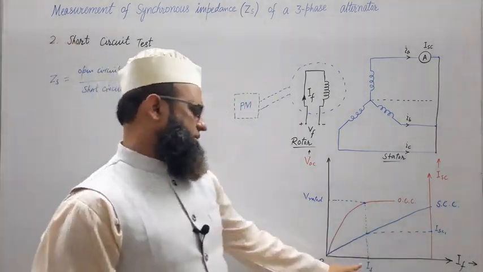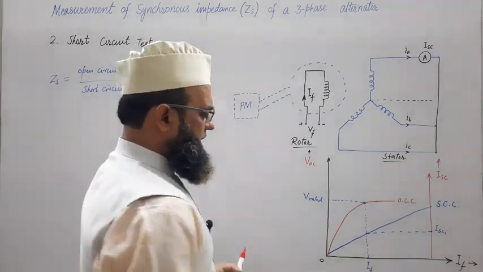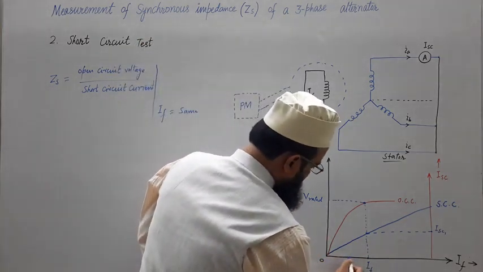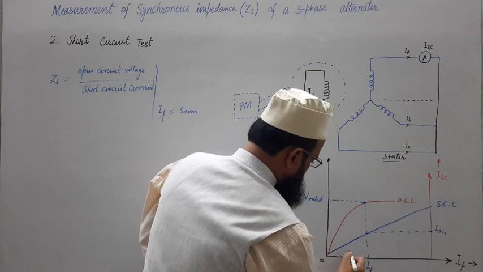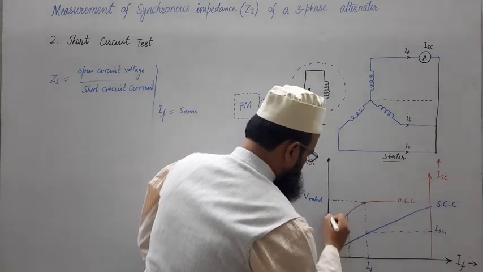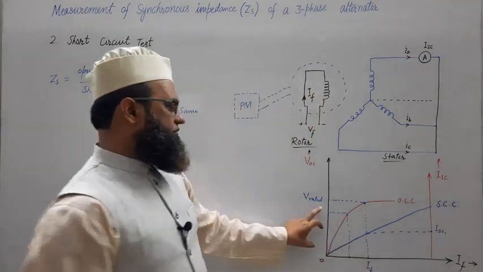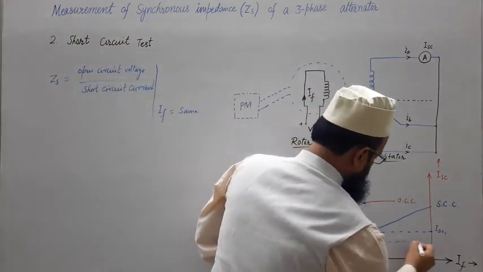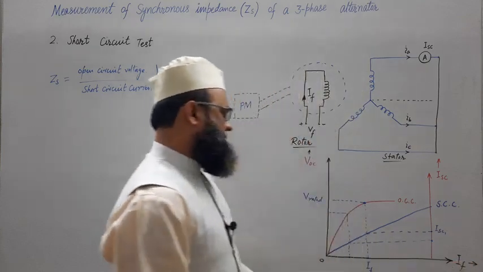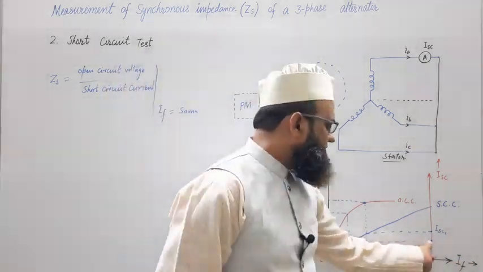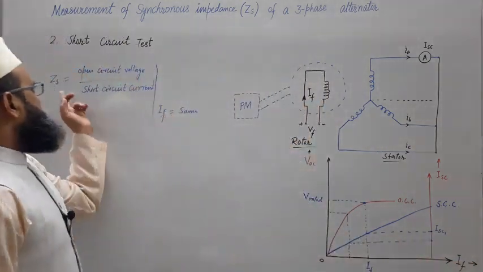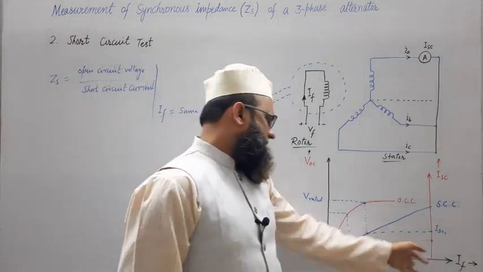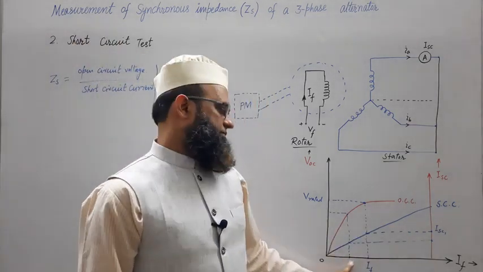So not only at this value of IF, at any value of IF, so let us say this is another IF1. At this we are getting this as open circuit voltage and this as short circuit current. So the ratio of this upon this will give ZS, the value of synchronous impedance at this particular value of IF.